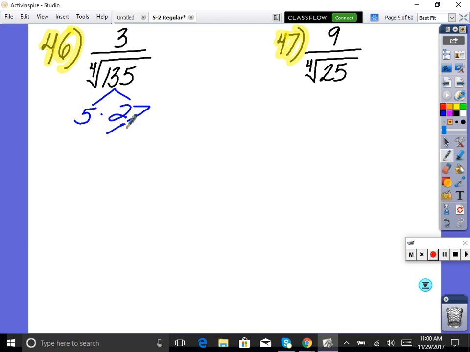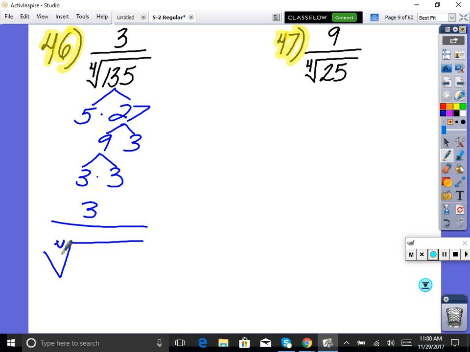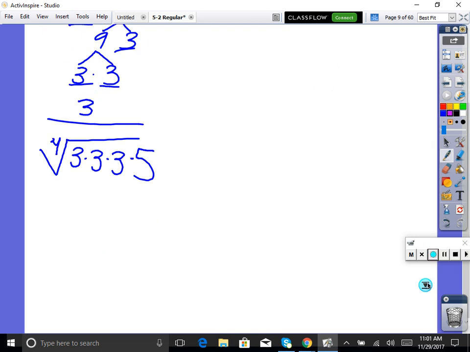And then 27 goes down to 9 and 3, and 9 goes down into 3 times 3. So let's rewrite what we're looking at here. We're looking at 3 over the 4th root of 3 times 3 times 3 times 5. We haven't done anything to it yet.